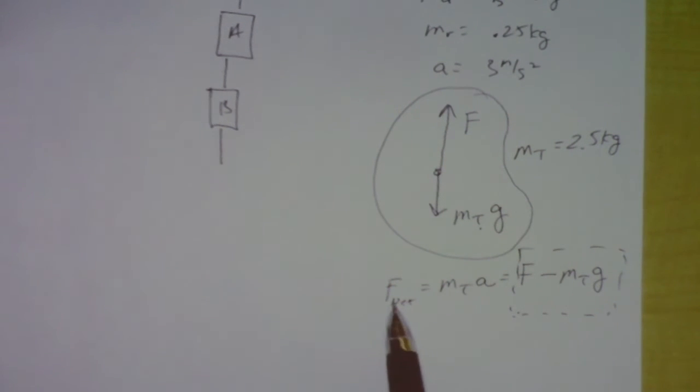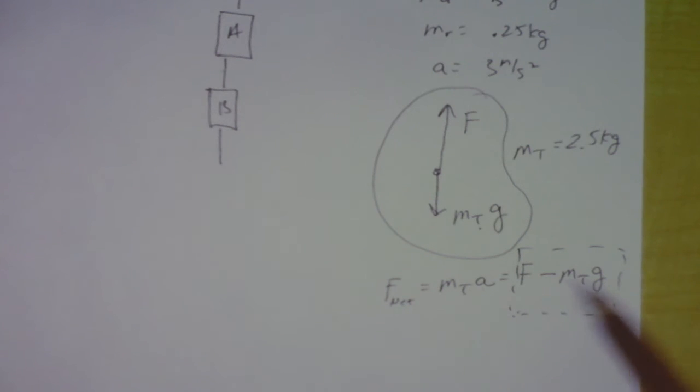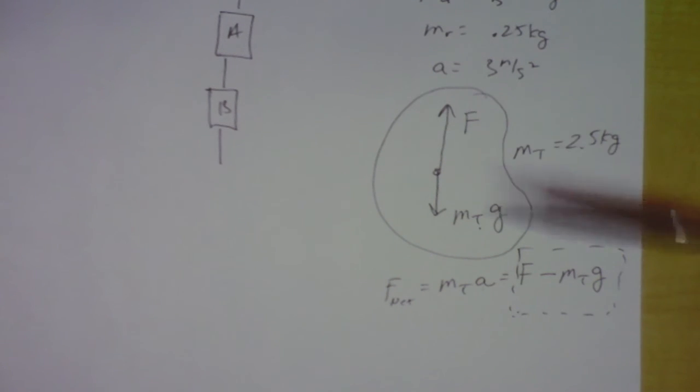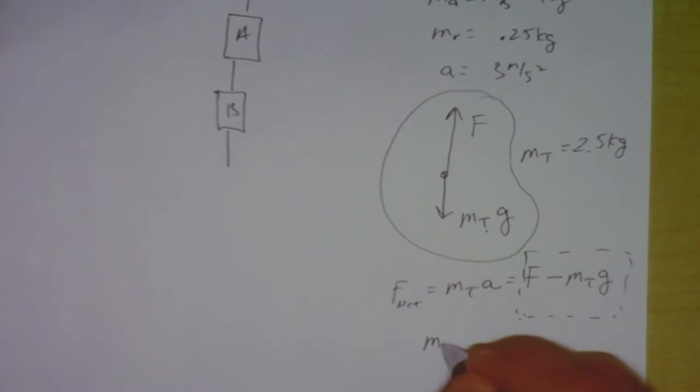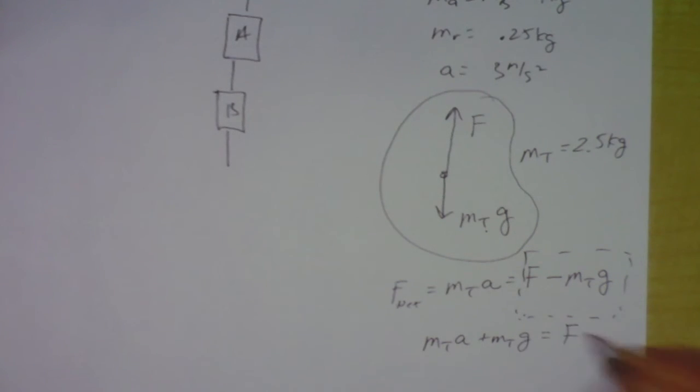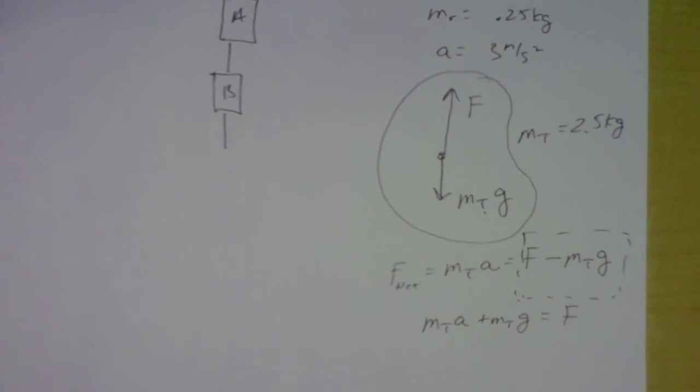So this is always right. Net force, m times a, and then these are the actual forces. This one and this one. So I'll have to do a little bit of algebra, add this to both sides to get this external force here.